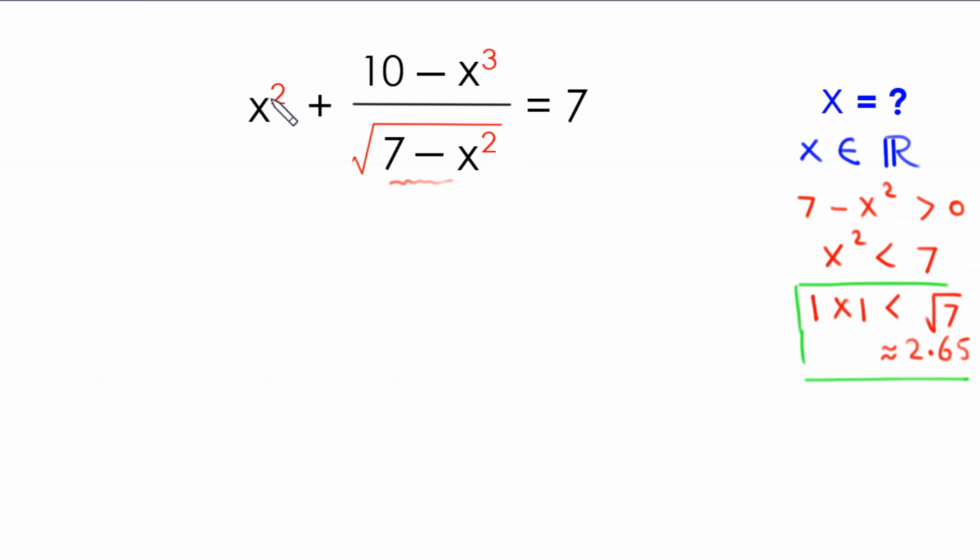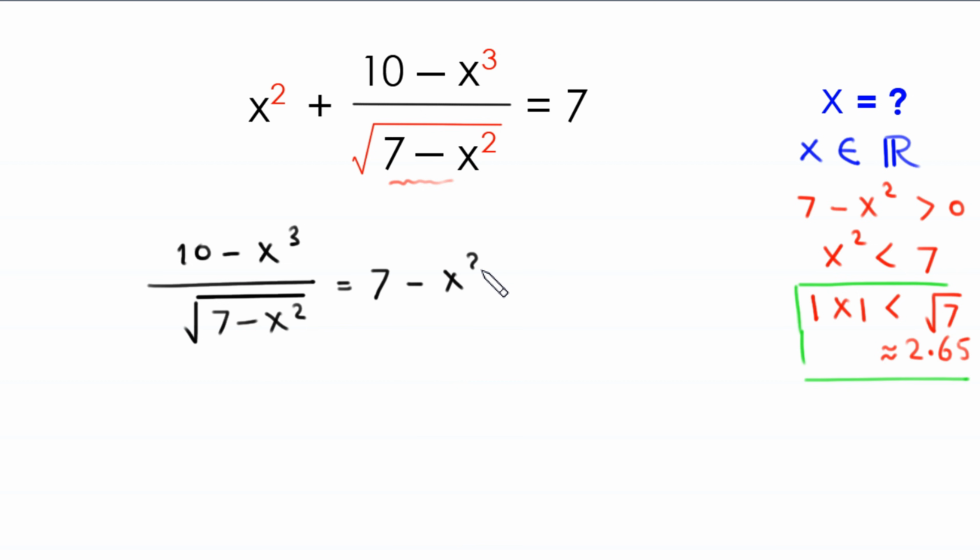Now if you move this x squared to the right hand side, then this will become (10 minus x cubed) divided by root of (7 minus x squared) is equal to 7 minus x squared.